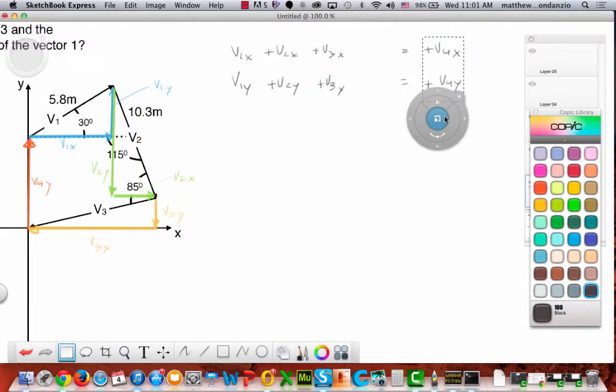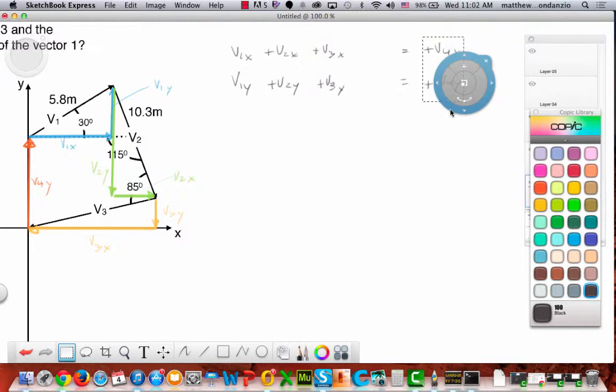Ultimately this V4x and V4y become my what vector? Because I didn't have V4 in there originally. What does R stand for? Everyone say it together: resultant. The summation is the resultant vector. In this case, I'm calling it V4 so we can understand that.